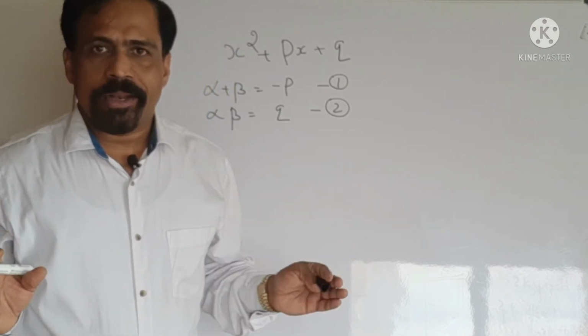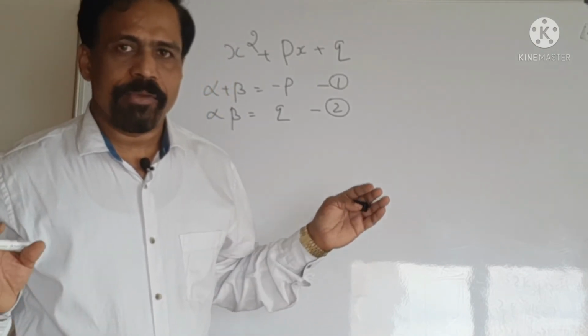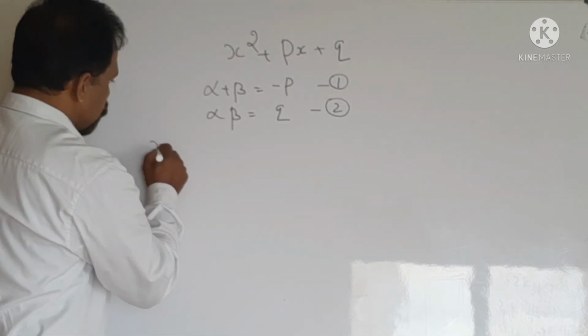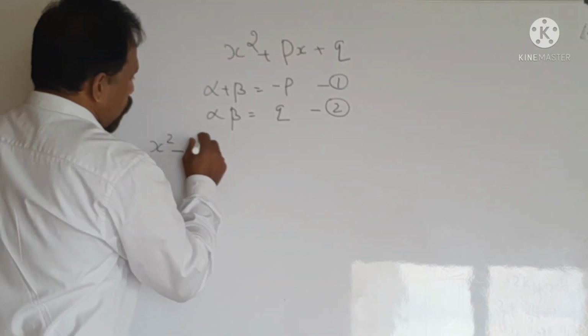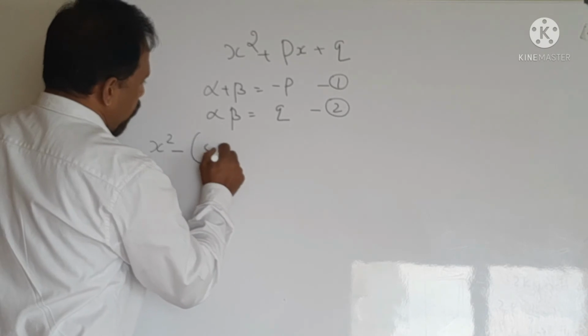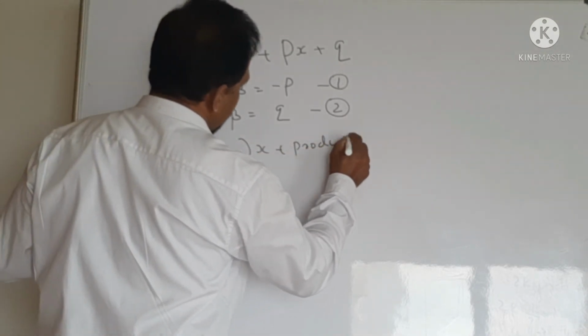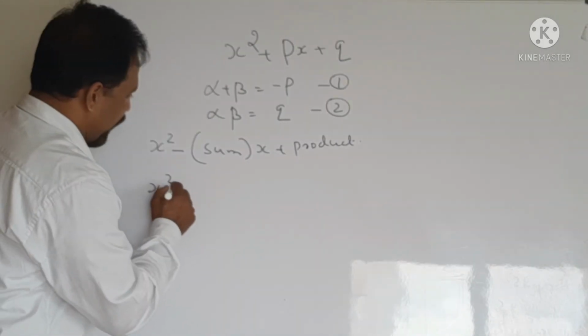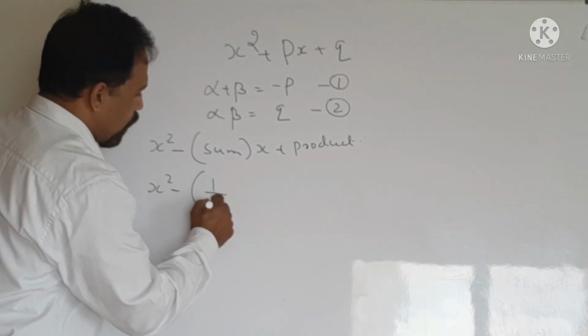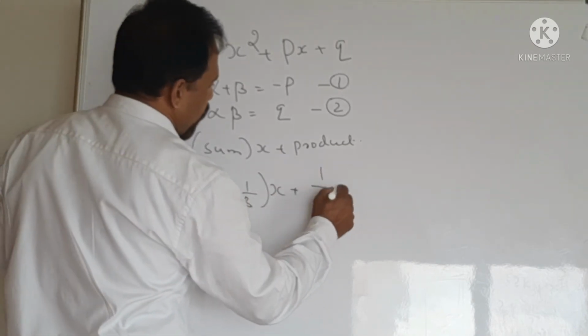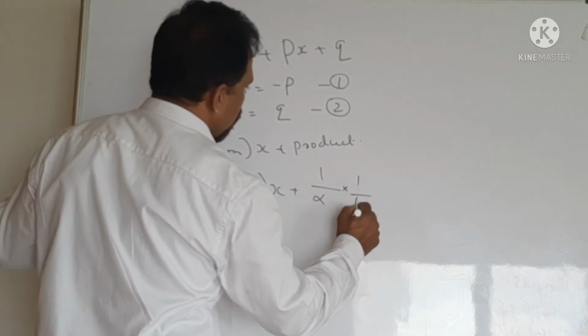Now we have to find out the polynomial which is having 1 by alpha and 1 by beta as its roots. So we know the general equation: x squared minus sum of the roots into x plus product of the roots. This is our general equation. So x squared minus sum 1 by alpha plus 1 by beta into x plus product 1 by alpha into 1 by beta.